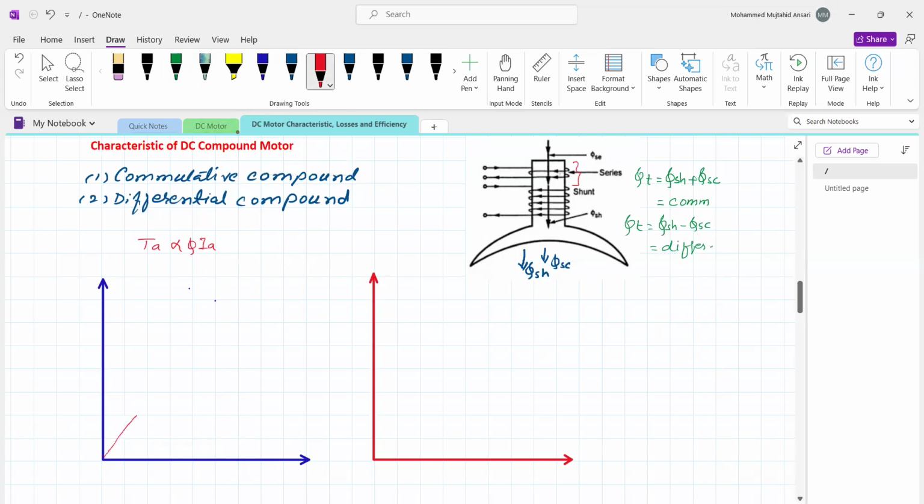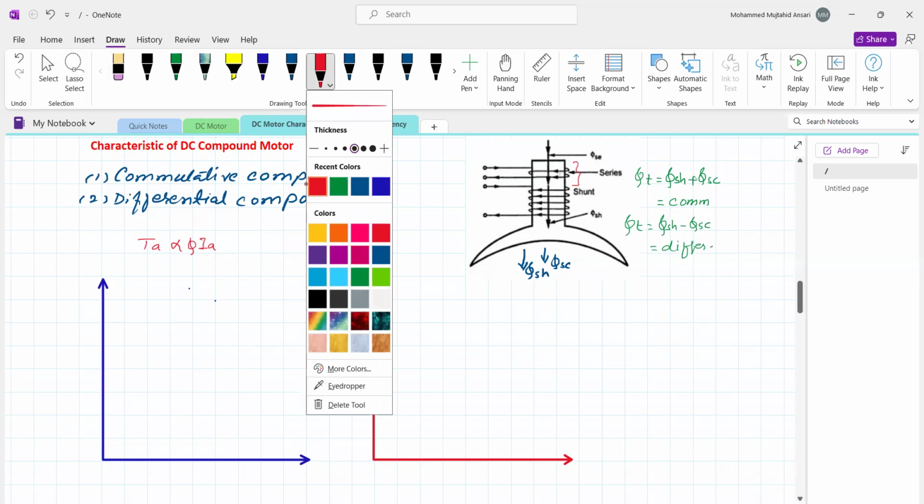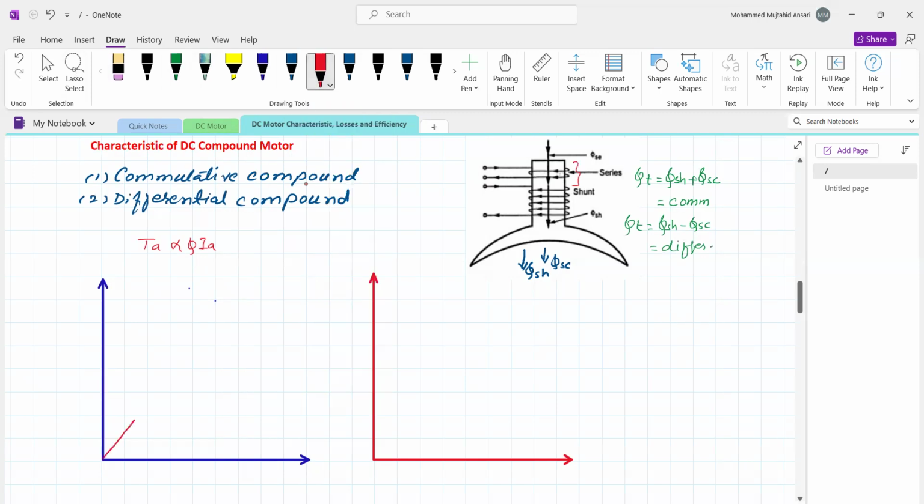So this is the linear characteristic already discussed. This is the characteristic of the DC shunt motor. So it is TA and it is the shunt motor. Now as load increases, series field flux also increases. Therefore, the total flux will be somewhat more than the previous value, and hence the torque increases.